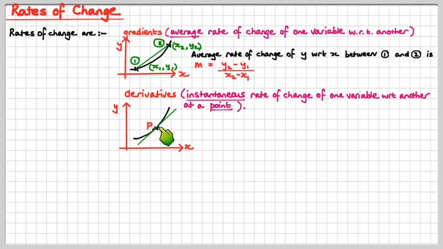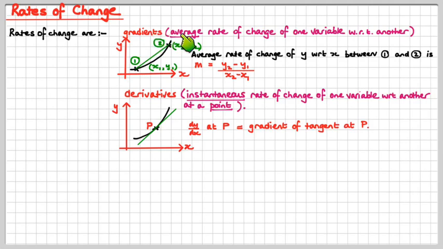That is the gradient of that green tangent line there, which gives you the instantaneous rate of change of y with respect to x. And it's the same thing as the instantaneous rate of change at that point. That's the derivative. So dy/dx at P is equal to the gradient of the tangent at P. Yes, that's really important that you get that.